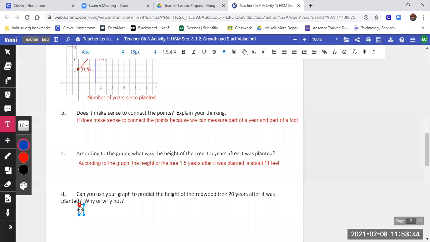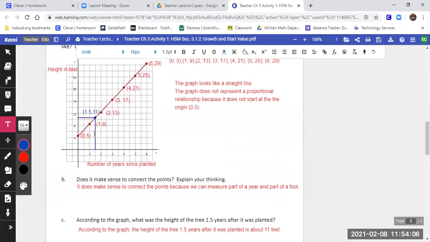Are we going to be able to draw a little box like that to find the point that's 20 years on the graph? We're not talking about doing the adding 4 in. We're talking about looking at this graph. Would I be able to use this graph to find the 20 year?